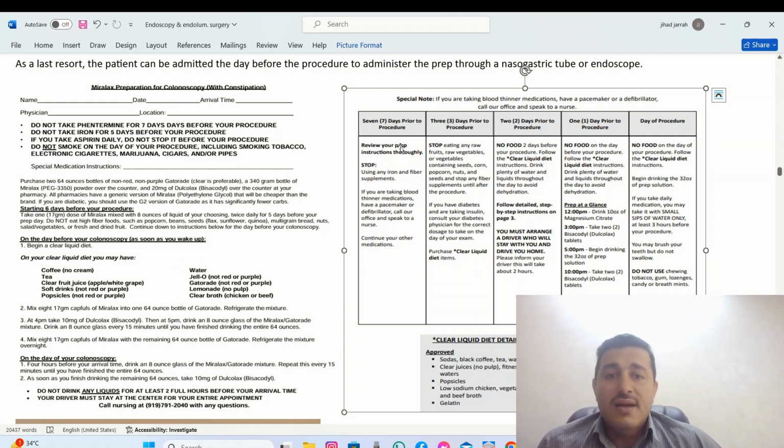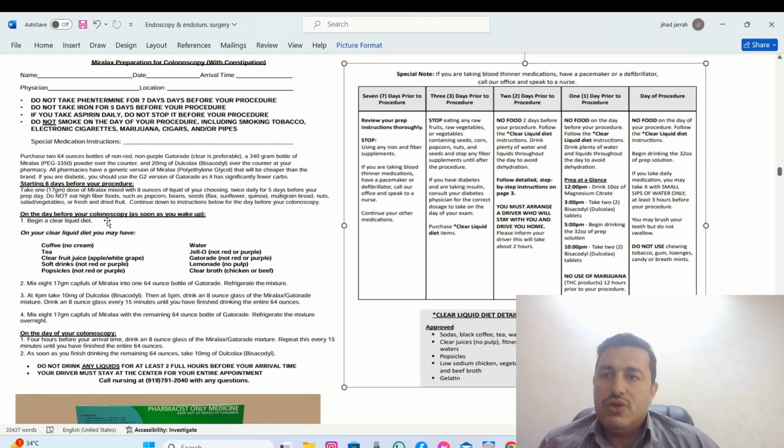You can see the instructions to the patient start 7 days before the procedure. Among these instructions is, for example, to stop iron 5 days before the procedure. If you are taking aspirin, no problem. Do not smoke any kind of smoking: tobacco, cigarette, marijuana, so you have to stop.